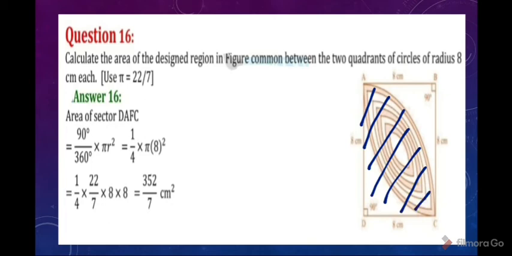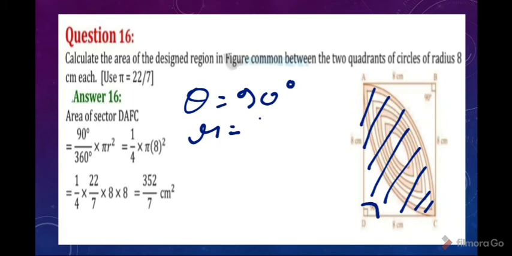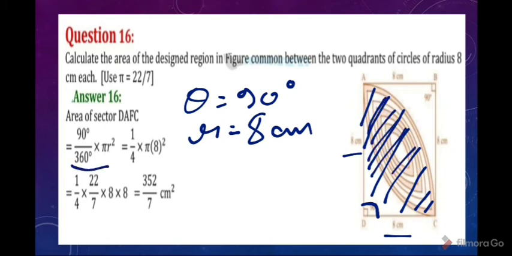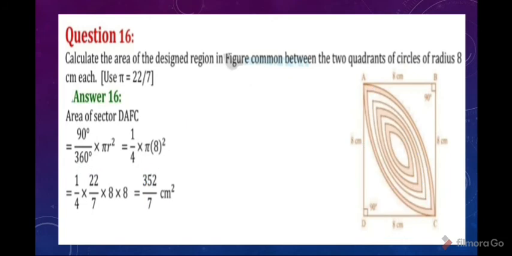As you can see, this one is a minor sector where theta is equal to 90 degree because it is a quadrant, and radius is equal to 8 centimeter. Look at here, 8 centimeter is given. So by using the formula theta by 360 into pi r square, the area of this blue region will be 352 by 7 centimeter square.